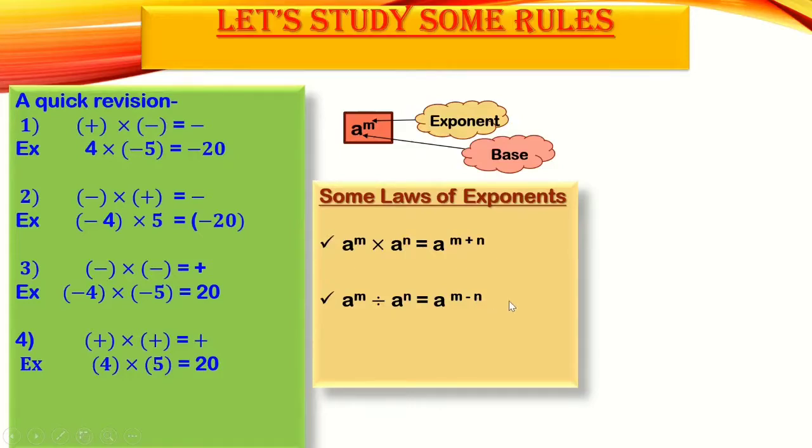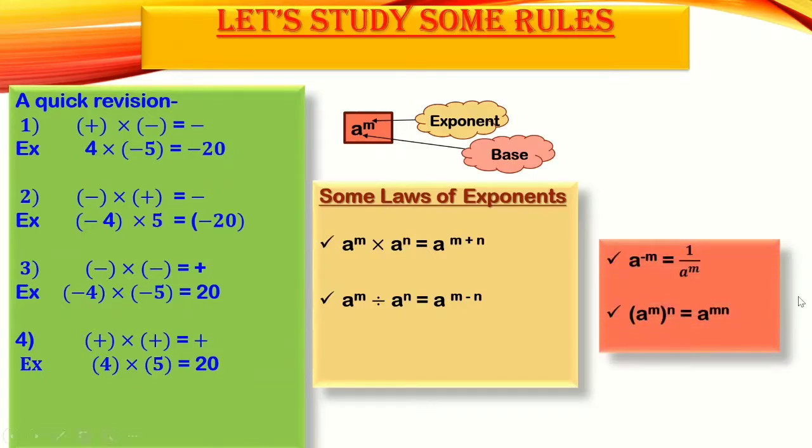This again, as I told you, we are going to learn in detail in the chapter Powers and Exponents. And this you might use in some of the questions, so I have just given it to you for your information. a raised to the power minus m can be written as 1 upon a raised to the power m, and a raised to the power m whole raised to the power n can be written as a raised to the power mn. That is, the exponents are getting multiplied over here.